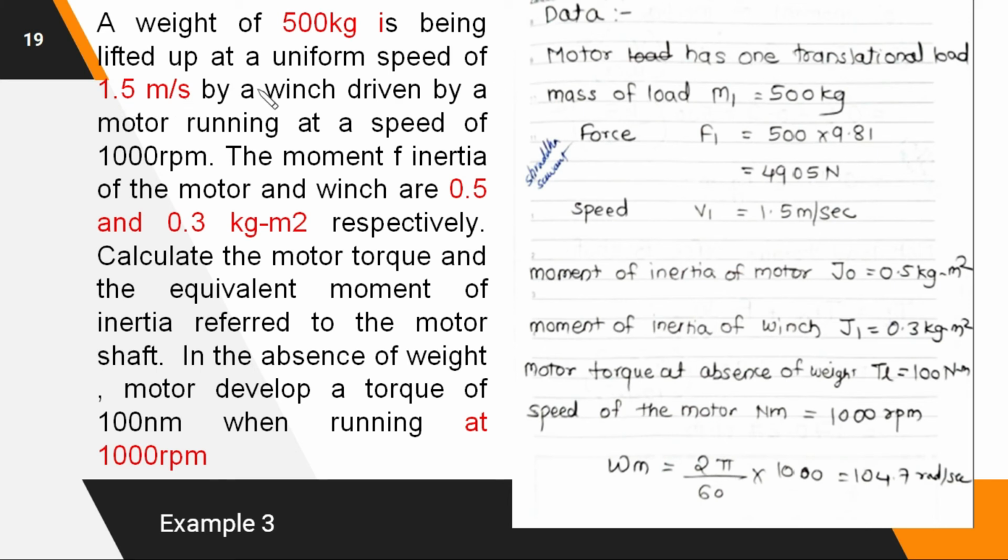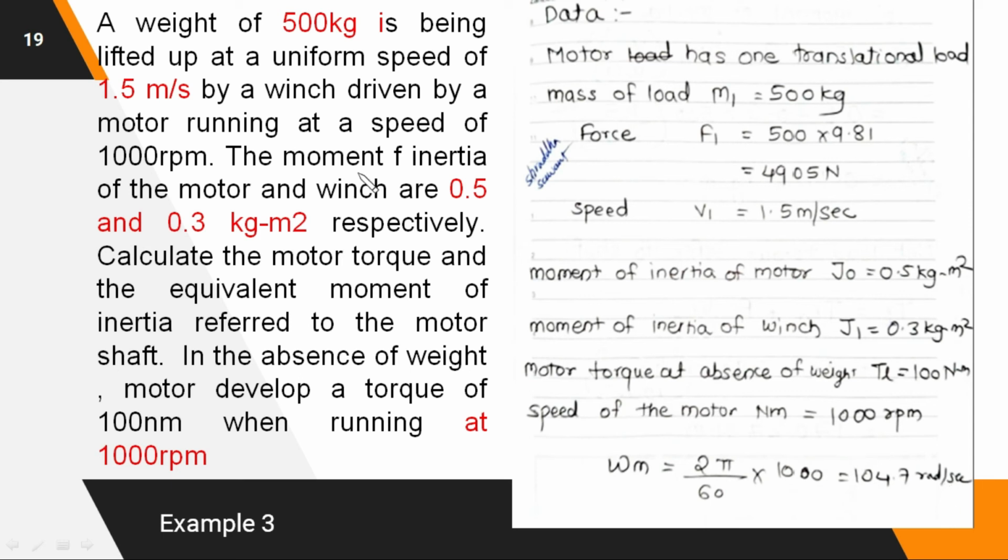Then M1 is the 500 kg weight, as written here. F1 we require in the formula, that's why 500 into 9.81, as acceleration is constant. Force is equal to mass into acceleration. So you will get 4905 Newton as the force. V1 is equal to 1.5 meter per second. Then 1000 RPM is the speed. Convert into radian per second, 2 pi by 60, that is 104.7 radian per second.